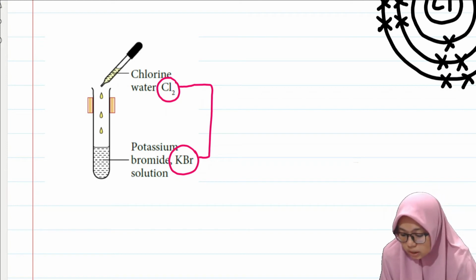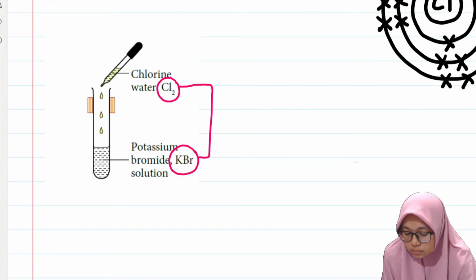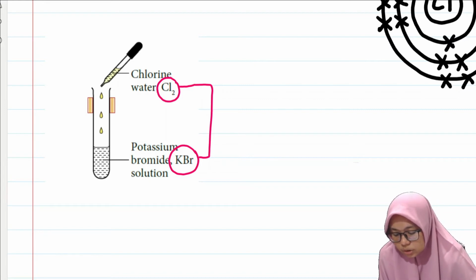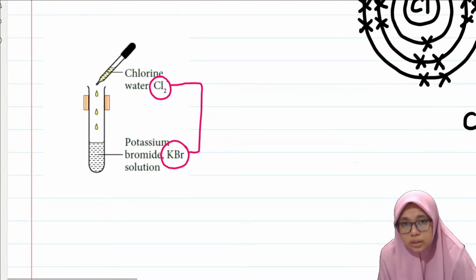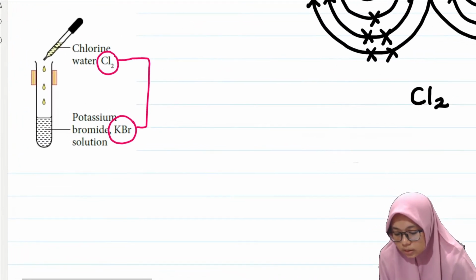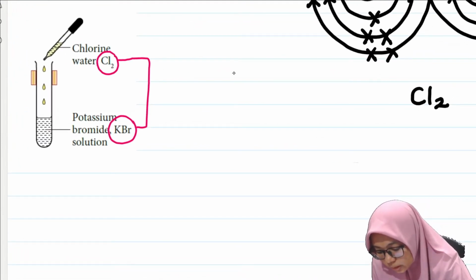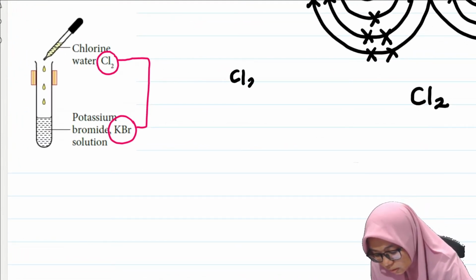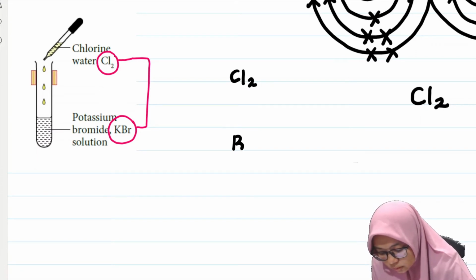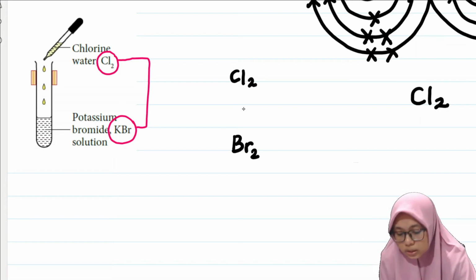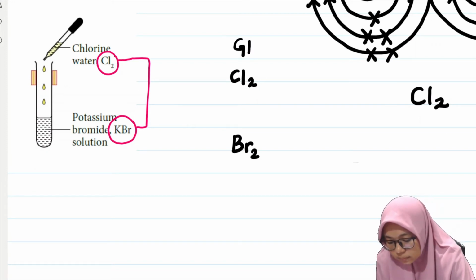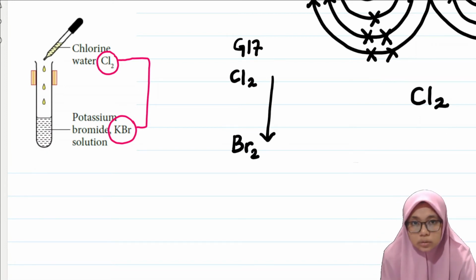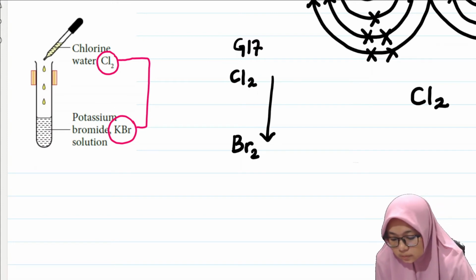Okay, now let's look at this reaction, chlorine and KBr. So this is a displacement reaction for halogen from its halide solution. So we compare chlorine and bromine. Okay, chlorine is higher than bromine in group 17. Going down the group, we say that the reactivity decreases.